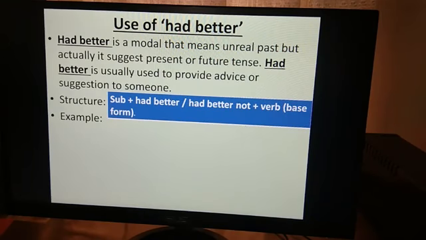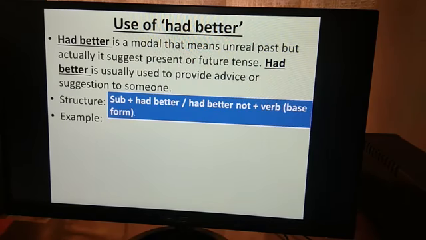Another phrase, had better. This is a very familiar phrase to you, I know. Had better is a modal. It looks like past tense, but it is an unreal past. As it is unreal past, it looks like past tense, but the meaning, what it suggests, is present or future tense.